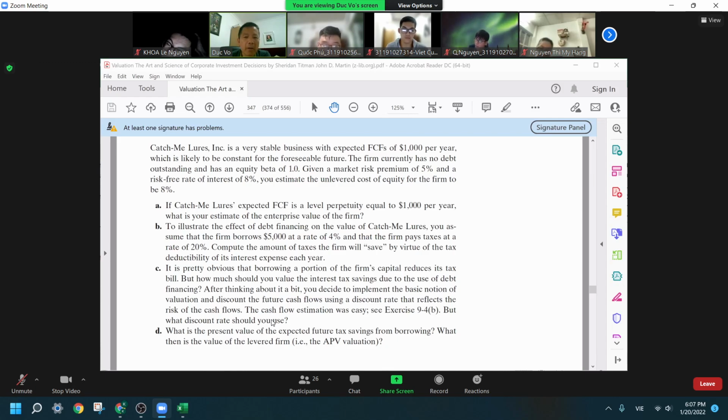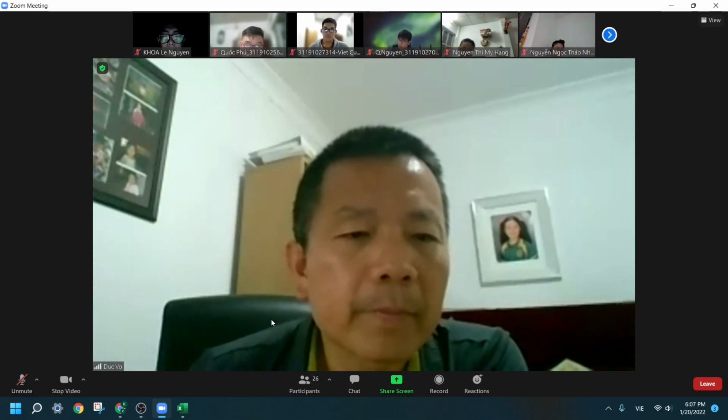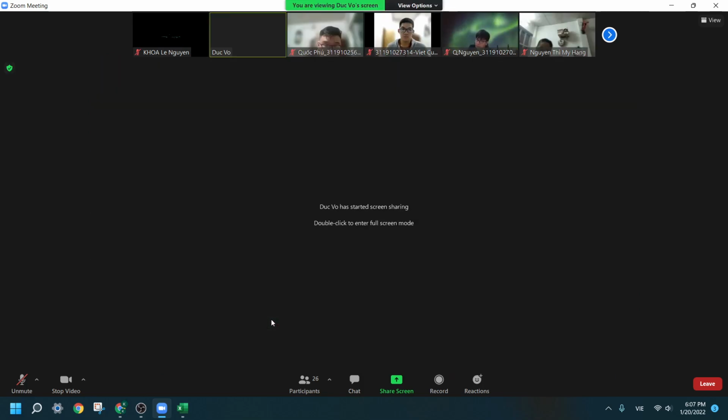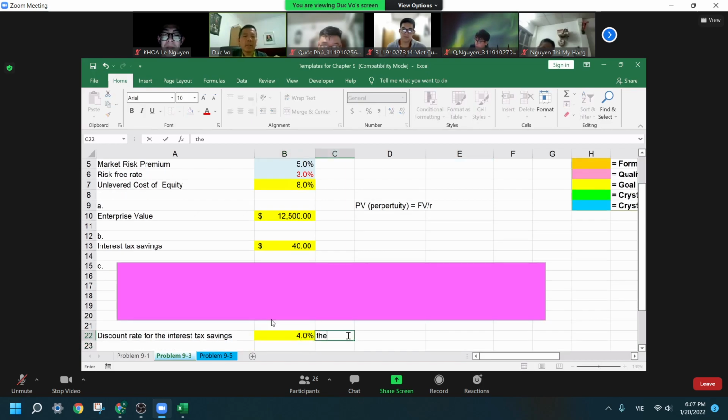So now I go back to the Excel file. To answer that question, I should say you should use the 4%. This represents the cost of debt, or in this case, the interest rate on borrowing.